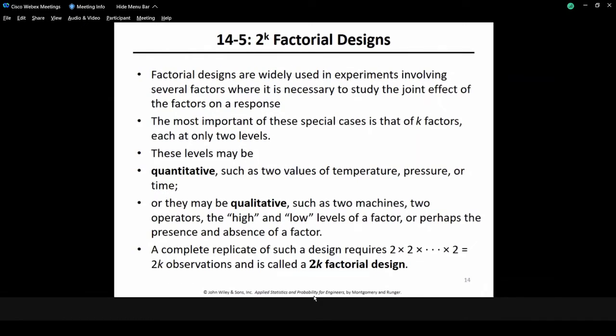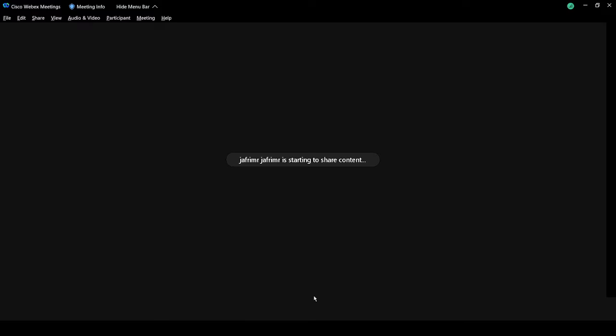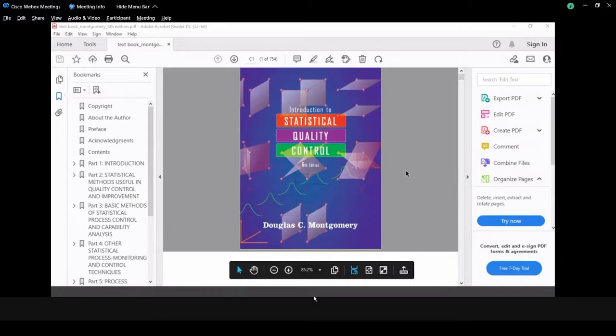I think let me unshare here first. Stop sharing the story. I will share the textbook, because the data is from the textbook. Then we go to our textbook.